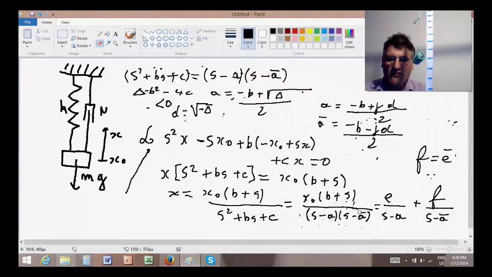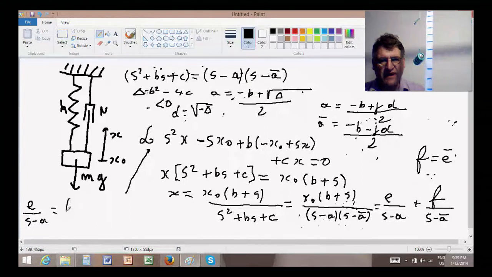e over s minus a is the Laplace transform of what? E over s minus a is the Laplace transform of e, a certain number, times the exponential of another number, which is exponential of a times t.